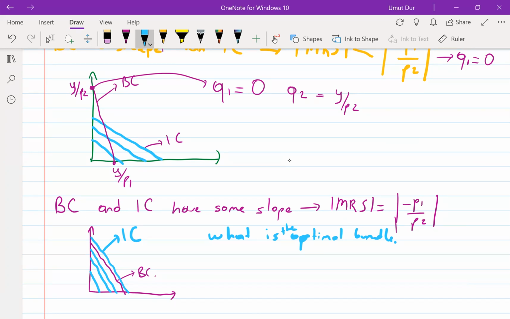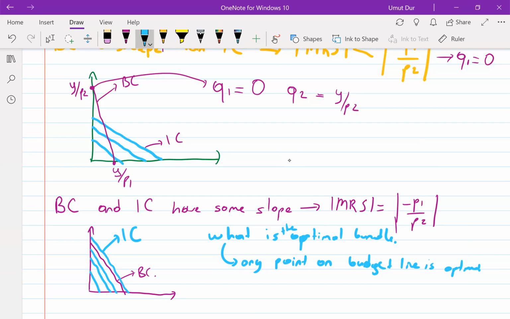Exactly. So any point on the budget line is optimal, since the budget constraint and indifference curve coincide.